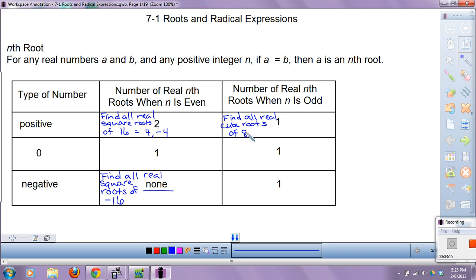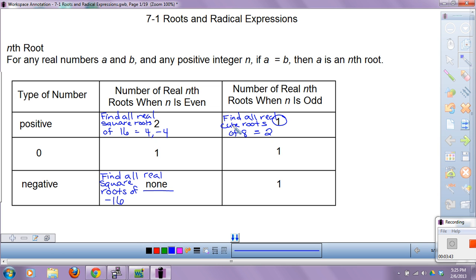So we're finding how many cube roots there are. And in this case, you have just 2, because 2 times 2 times 2 is 8. Negative 2 is not an option, since negative 2 times negative 2 times negative 2 would give you negative 8, which is why you only have 1. You only have one real nth root if your n is odd.